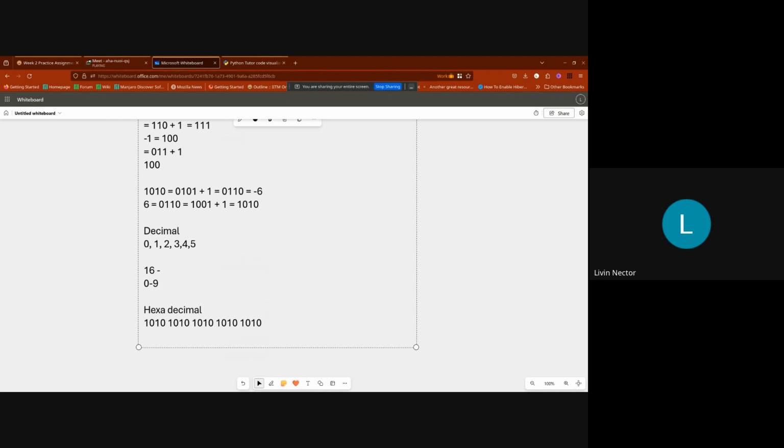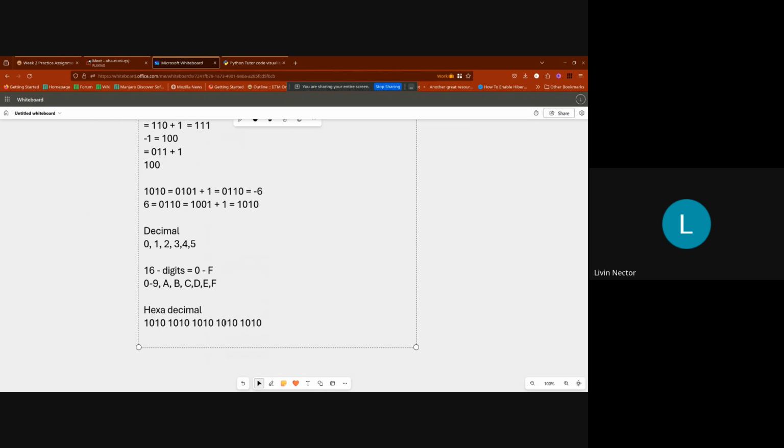So after 9, they put A, then B, C, D, E, and F. So now we have 16 digits, all the numbers from 0 to 15, so 0 to F. It's no more 0 to 9; in hexadecimal you also have till F. A is equivalent to 10, B is 11, C is 12, 13, 14, 15. Total 16 numbers we can represent.